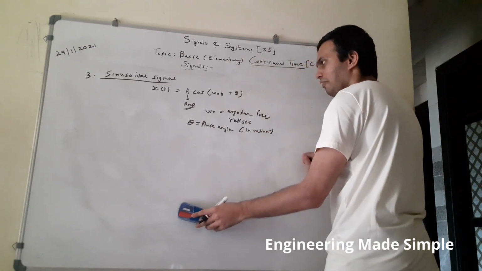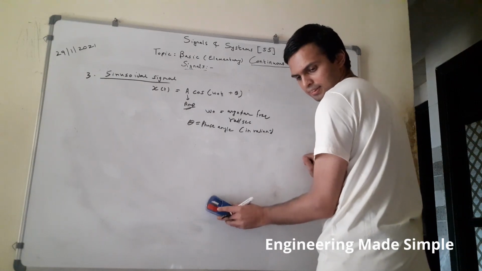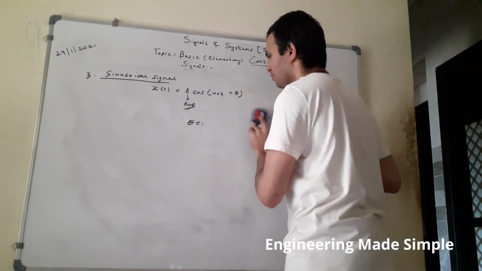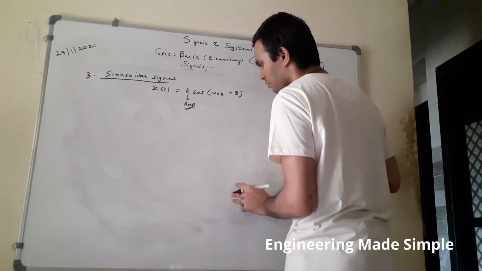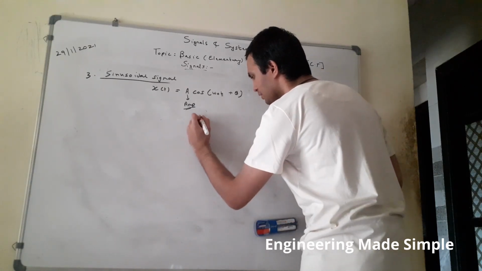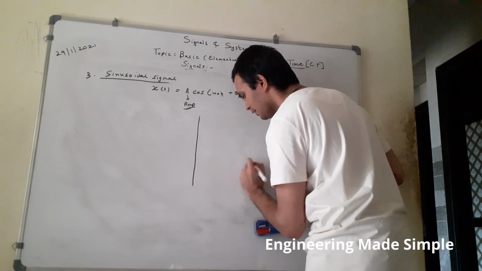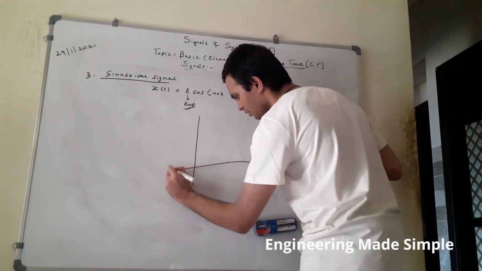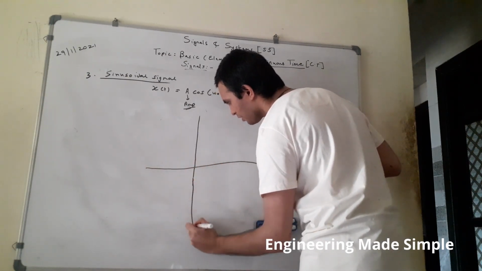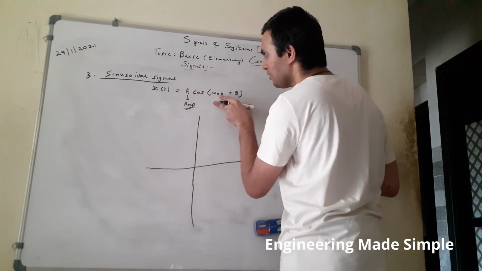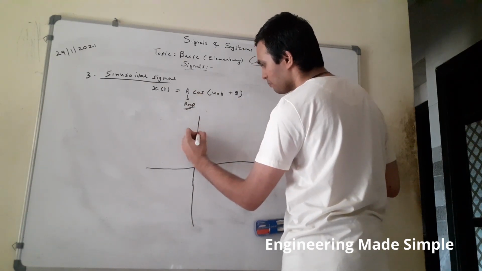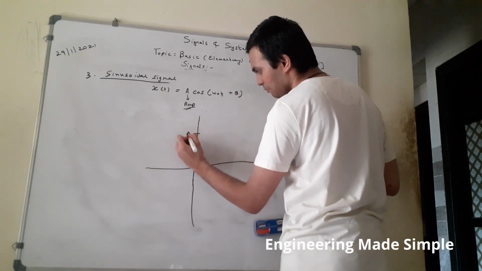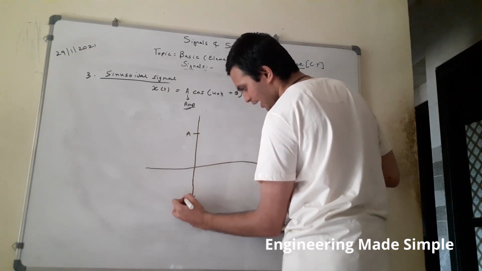Now let us see how its plot would look like. As you know, in case of a cosinusoidal or sinusoidal signal, there is a peak to peak amplitude, so it would be plus a and negative a.